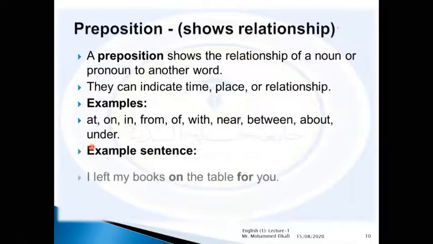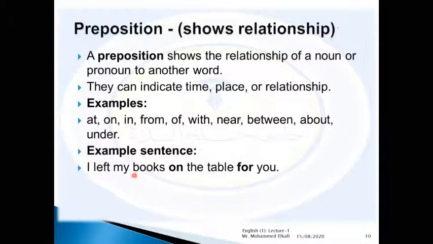Example sentence: I left my books on the table for you. There is a connection between what? Books and the table. We use on to indicate the relationship between books and the table. So, books on the table.